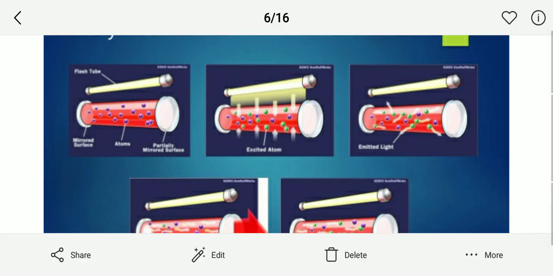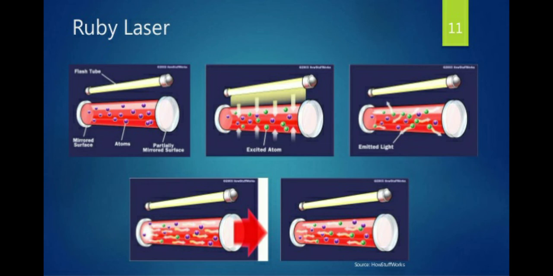In the second diagram, you can see that the flashing effect is done on the laser inside the ruby laser. All the electrons of the ruby laser try to catch the flash lamp.